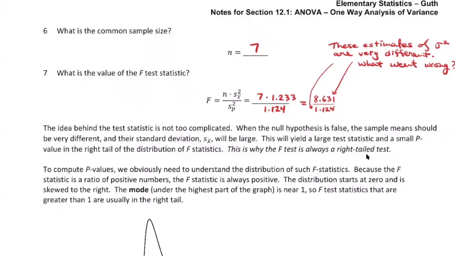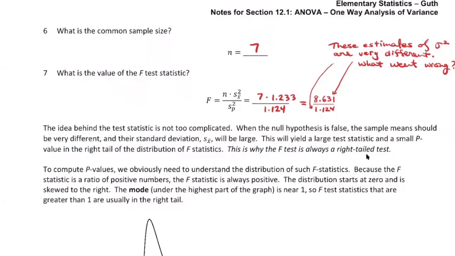Remember, those two numbers should be similar. So the F statistic should be close to 1. Okay, but that's under a bunch of assumptions we've made. So what's gone wrong is that the numerator is too big.